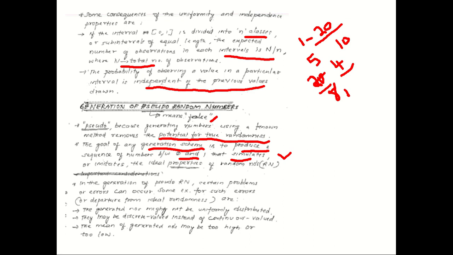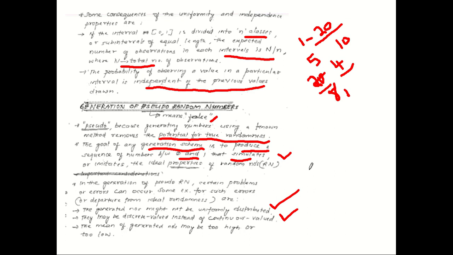The generated random numbers might not be uniformly distributed. So sometimes whatever random numbers are generated are not uniformly distributed. But the ideal property of the random number is that it must be uniformly distributed. They may be discrete valued instead of continuous valued. So we should have continuous uniformly distributed numbers from the random number generator.